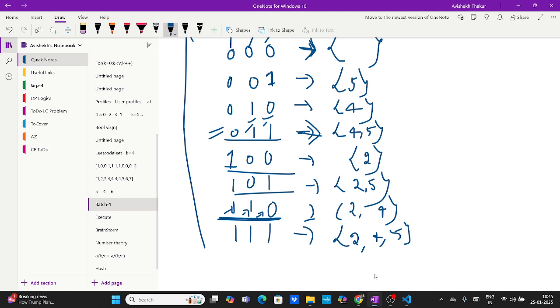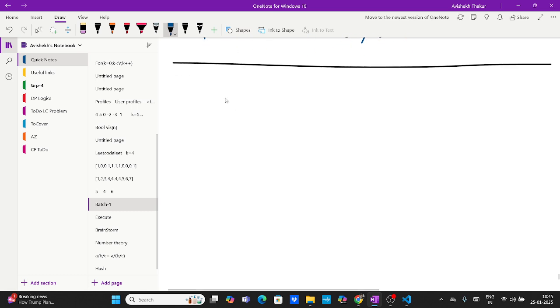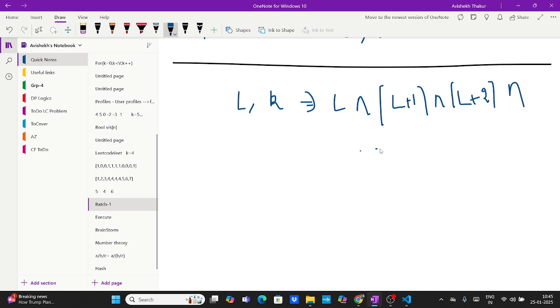Okay, next concept. The next question is, you will be given two numbers, L comma R. What you have to do is find L XOR L plus 1 XOR L plus 2 XOR, and so on, up to R. That is, from L to R you have to do the XOR of the numbers and tell me the value.